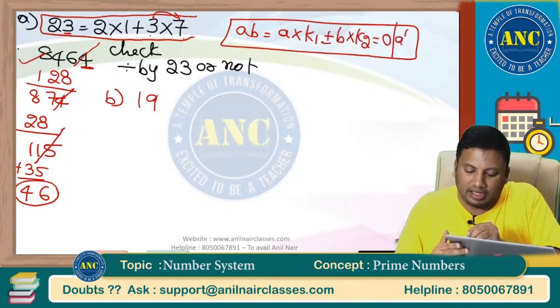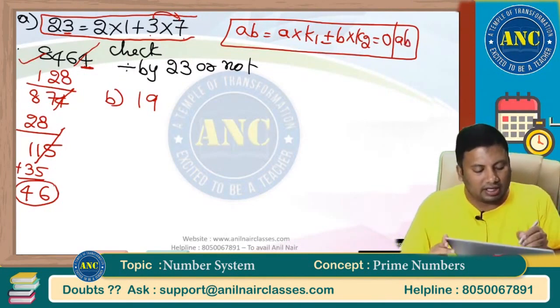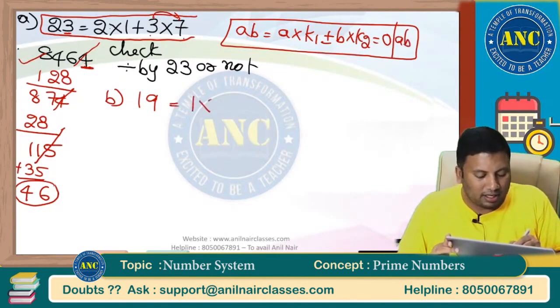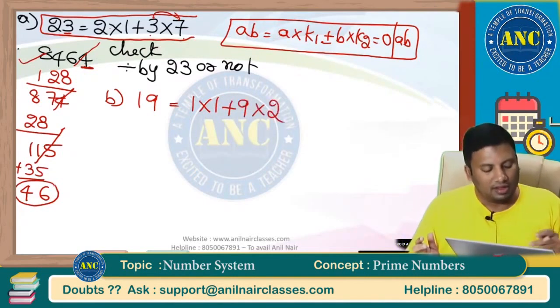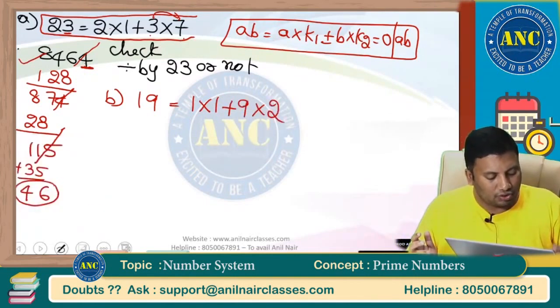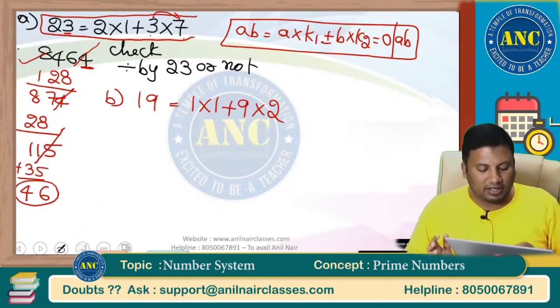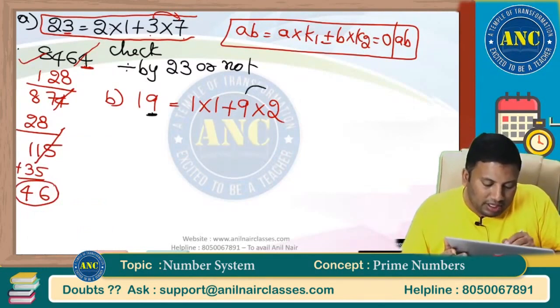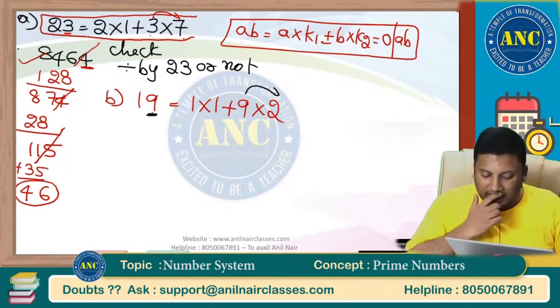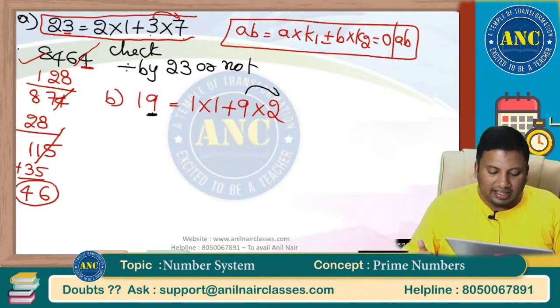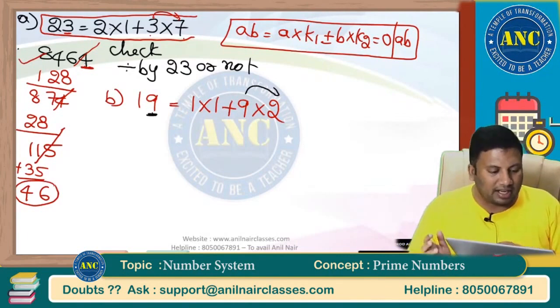It can result in either 0 or that number. So this is nothing but 1 into 1 plus 9 into 2. 9 2s are 18, 18 plus 1 is 19. I took the unit digit and multiplied it by 2.